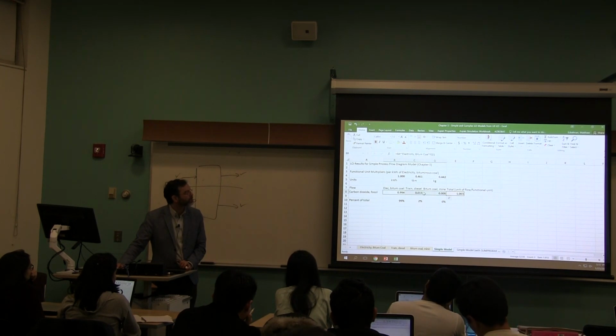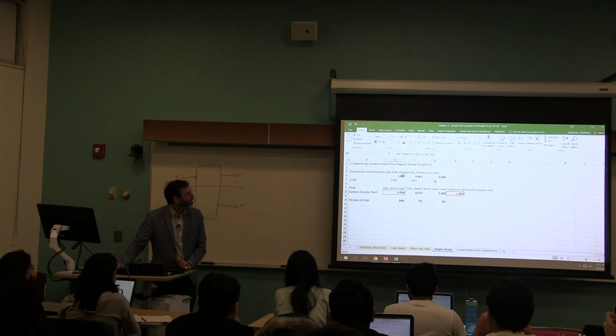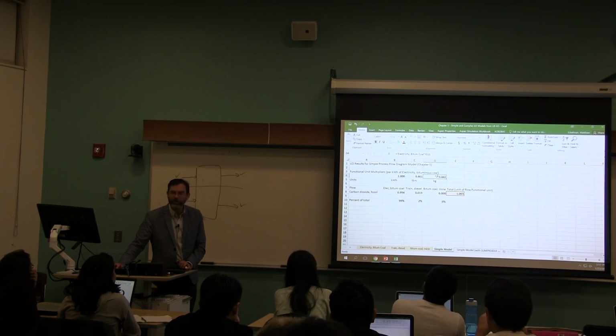These numbers are just excerpted from the value there. And these are the numbers on how much is in each of them: how many kilowatt hours we're producing, and in order to do that, how much transport we need and how much coal we need. So in the example, all we did was add those up.